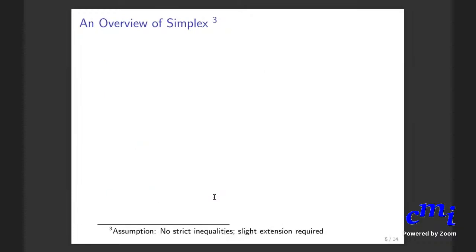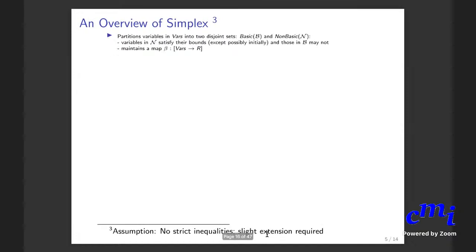At least in this presentation, we will assume that we do not allow strict inequalities. The LP constraints are all less than or equal to. A slight extension is required otherwise, and the algorithm we're presenting today assumes that there are no strict inequalities.